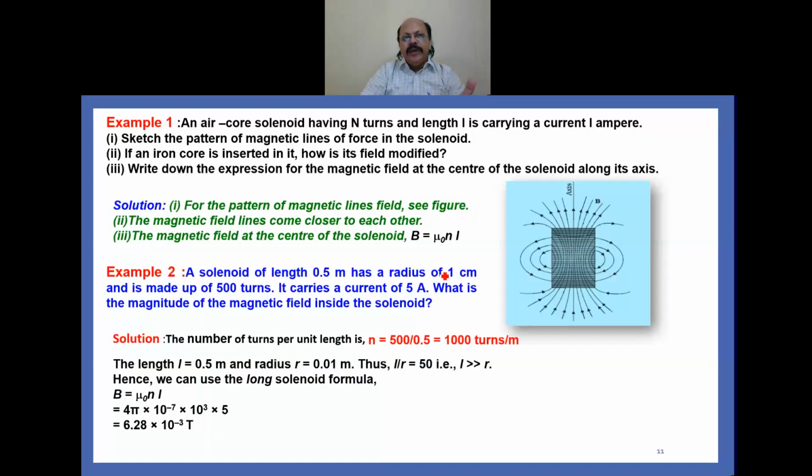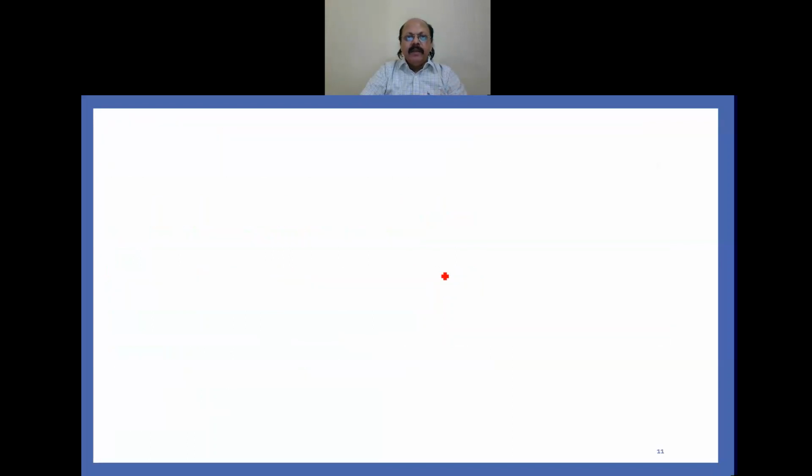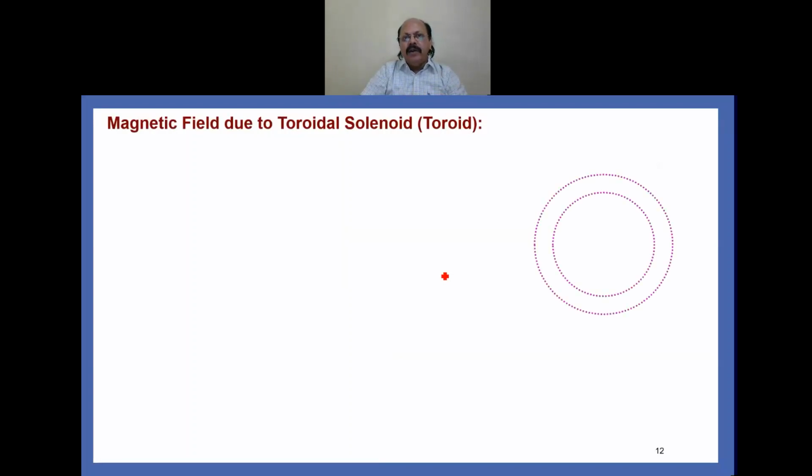So here the two examples we have taken, and whatever concept I explained regarding the solenoid, we applied here. So next application, that is the last application of the Ampere circuital law: magnetic field due to a toroidal solenoid or toroid. It is also a solenoid.